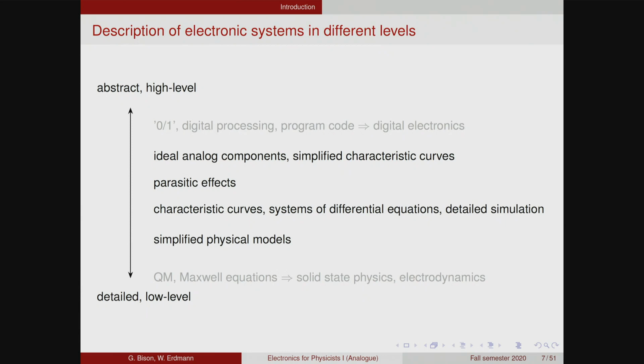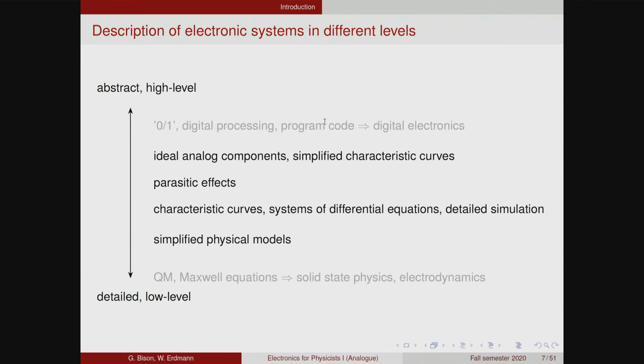Of course, those ones and zeros are represented by voltage levels somewhere in your processor, but you don't really care about what the actual voltage is. The only thing that counts is that you can reliably encode ones and zeros in your system, and that it does what it should do. And so this is very abstract, and this will be covered in the digital electronics course, which will be taught next semester.